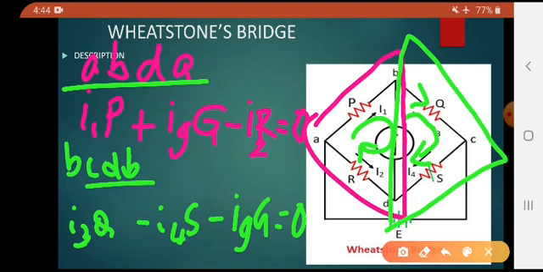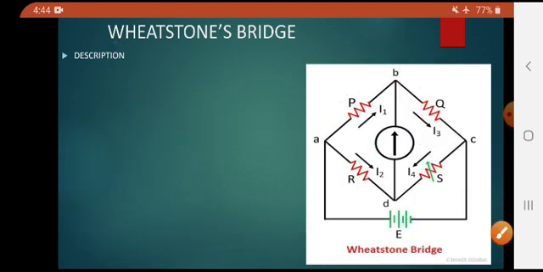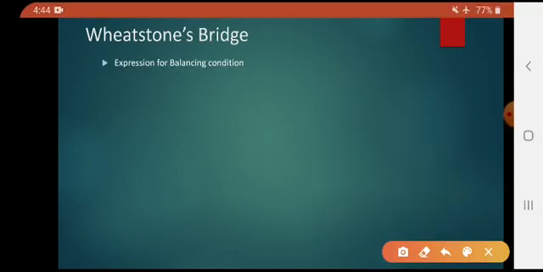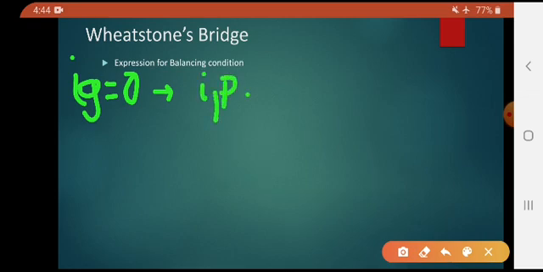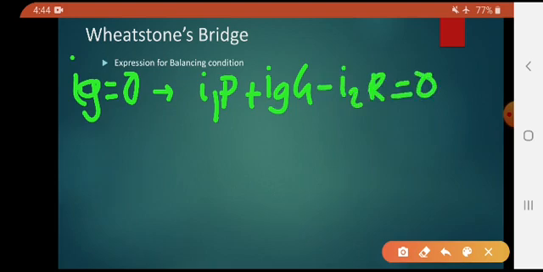Now, what is the balancing condition? At Ig equals 0, the Ig value becomes 0. That is the balancing condition. See the equation from this: I1P plus IgG minus I2R equals 0. Since the Ig value becomes 0, this term total becomes 0.